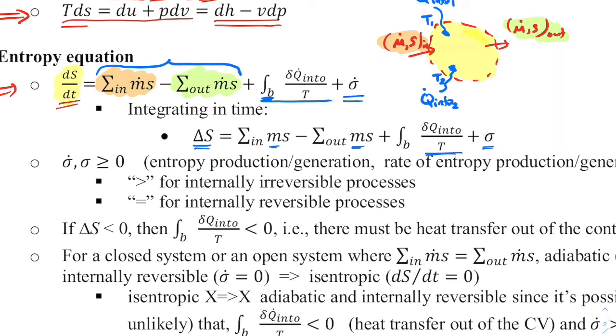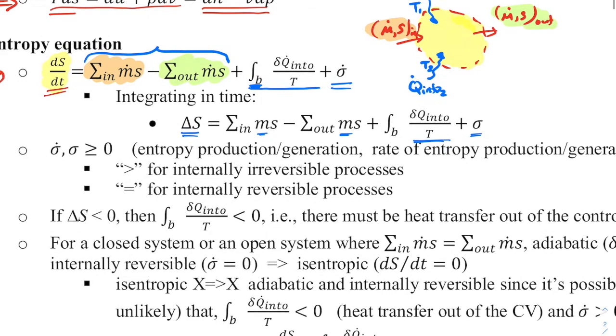The entropy generation term is the term that starts to account for irreversibilities, right? Because the sigma or sigma dot term is equal to 0 if you're dealing with an internally reversible process.